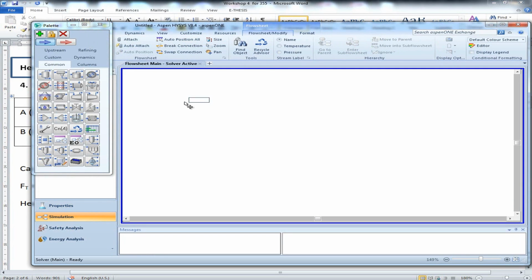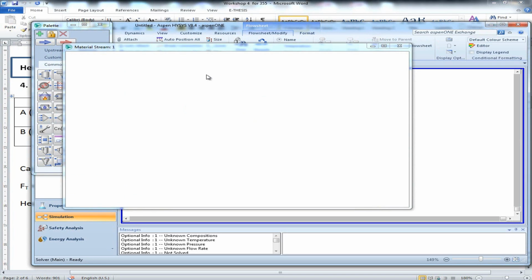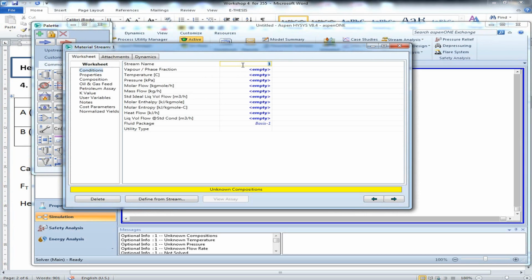Start with the flow first. This is going to be the mixture of ethyl chloride with ethanol, at a temperature of 200 degrees Fahrenheit and a pressure of 35 psi.